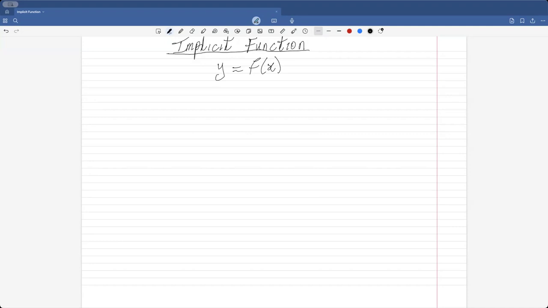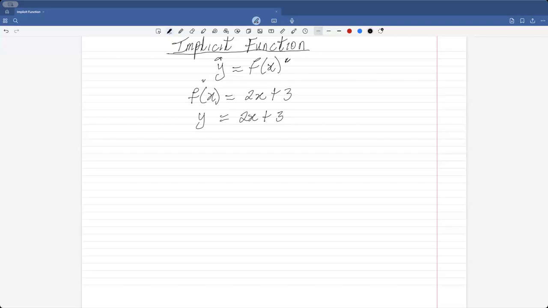Now, if I tell you that f(x) equals 2x plus 3, since y is a function of x, instead of using f(x), I can also say that y equals 2x plus 3.